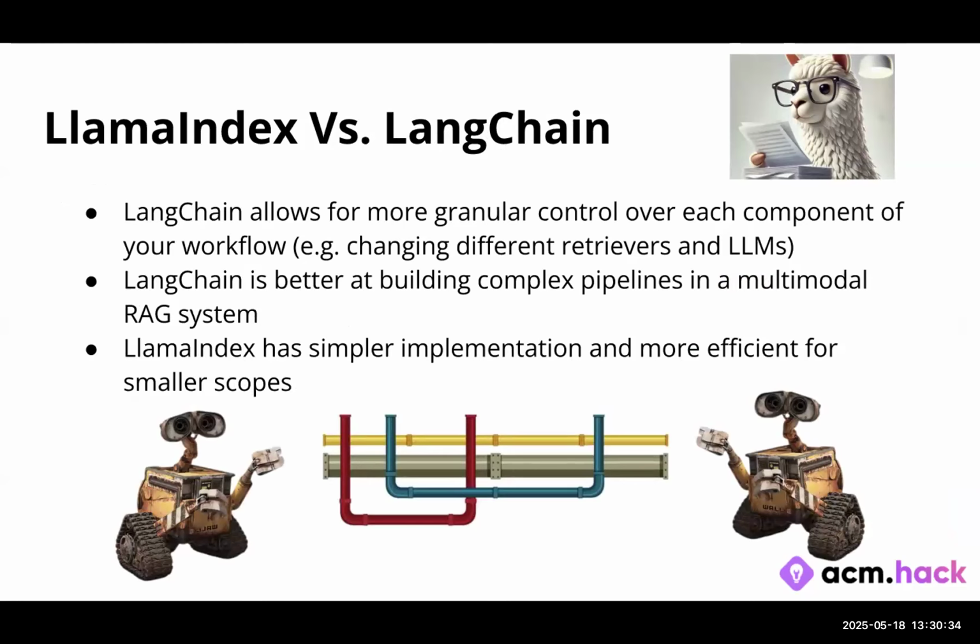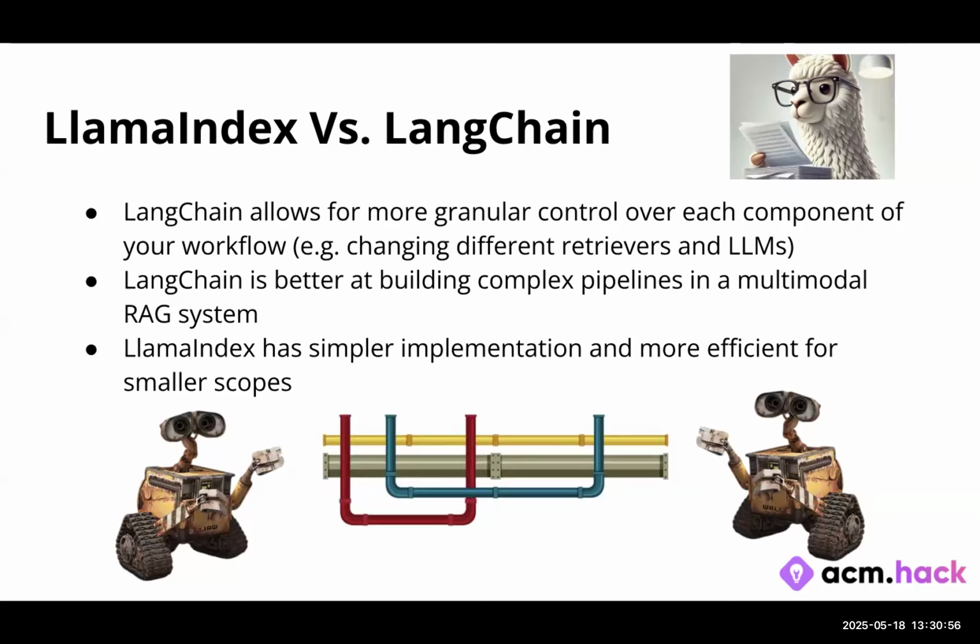So this sounds complicated, but it's pretty simple. Multimodal just means different types of inputs, like images, videos, text, or speech. And it's basically easier to just change different components of your RAG system using LangChain.